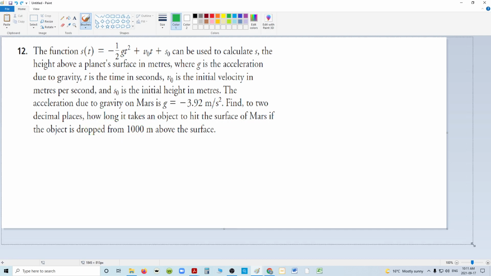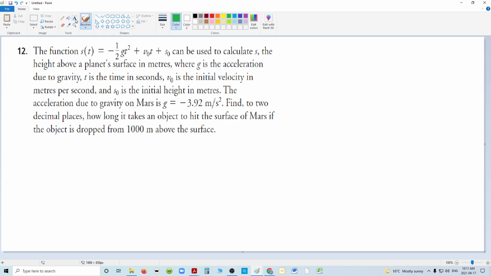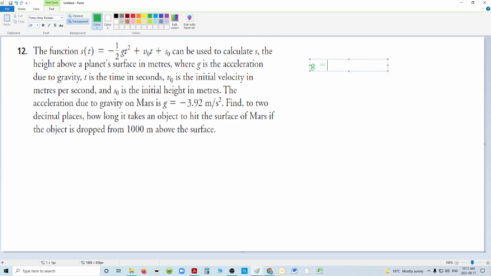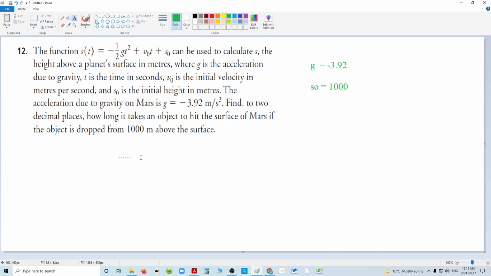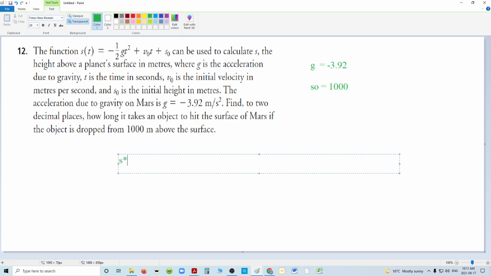So they're giving us g. They're telling us g is equal to negative 3.92, which means everywhere I see g, I replace it with that. And they're telling us the initial height is 1,000, which means I replace this formula as s of t is equal to negative a half, g, negative 3.92, times t squared plus, did they give me initial velocity?